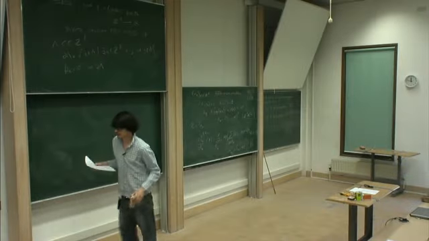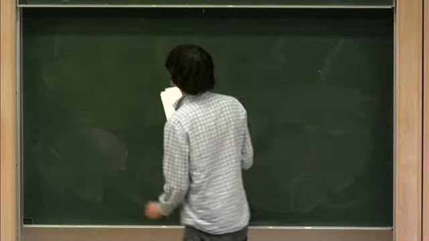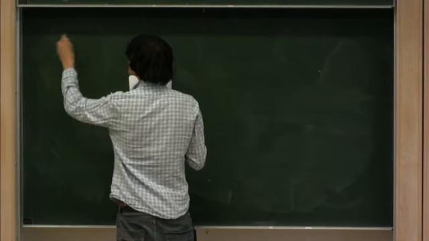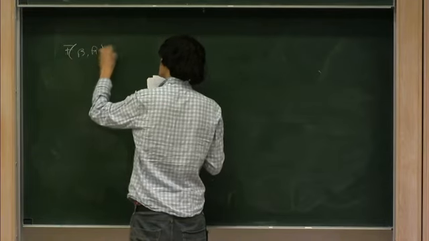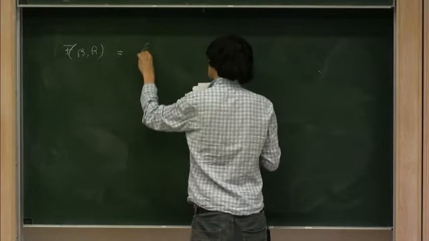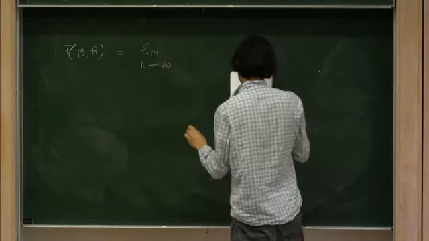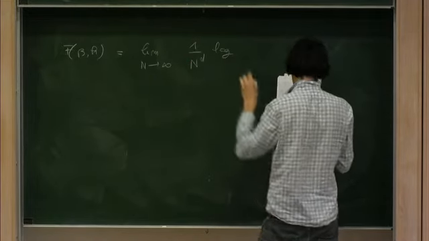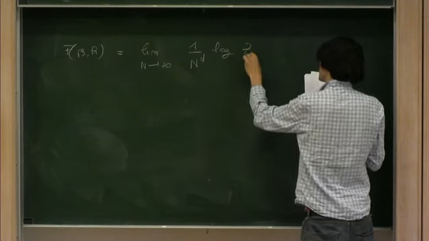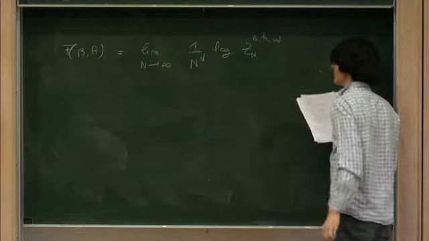So the natural quantity to study, like for many models of statistical mechanics, is the free energy, which is given by f(beta, h), the limit when n goes to infinity of 1 over n^d log Zn(beta, h, omega).